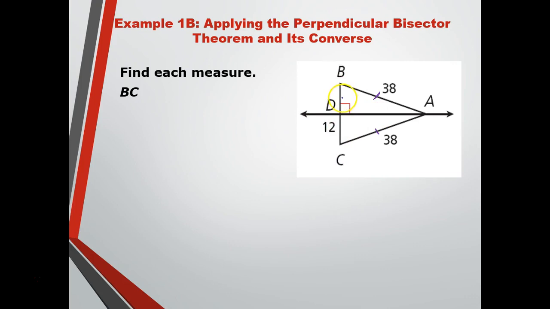So this means that DC is congruent to DB. So BC is equal to this whole area added up together. Since this segment over here is 12, then this one is going to be 12. 12 plus 12 is 24. So BC is equal to 24. And we are done.